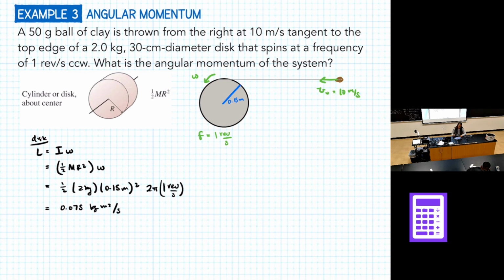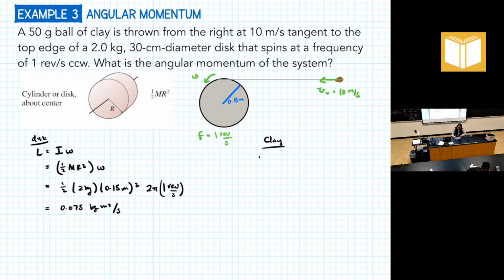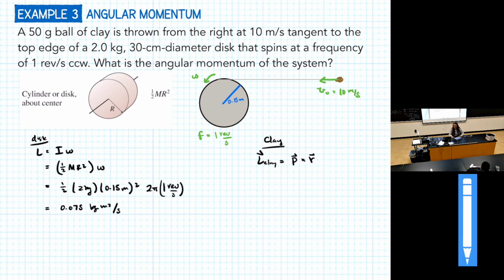And then we also want to calculate the clay. So the angular momentum for the clay is going to be the cross product of R and the actual momentum.